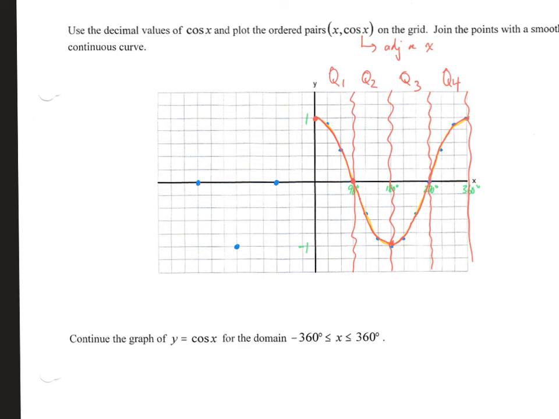And 90 degrees before that, I hit back at my max. If I connect those with the same smooth curve, now I'm curving up all the way until I get back to my maximum at 1. So hopefully we're able to construct that cos graph in a very similar way as what we did in our sine curve. Now what I want to do is break down some key components to our cos graph.